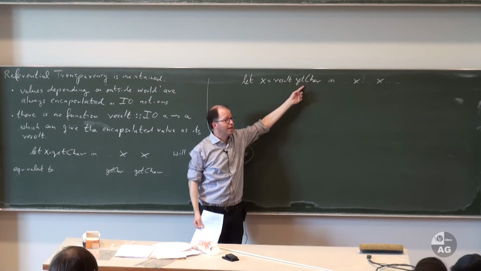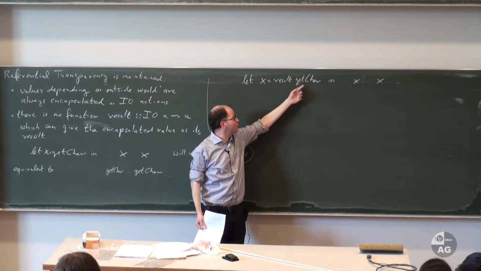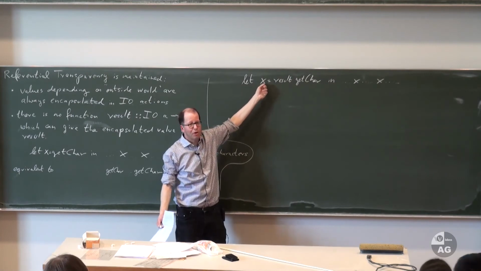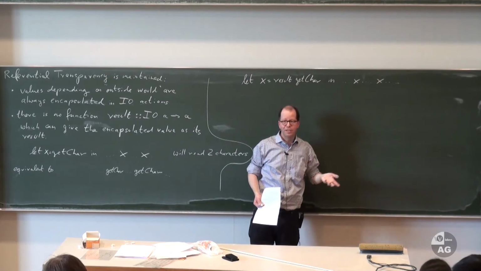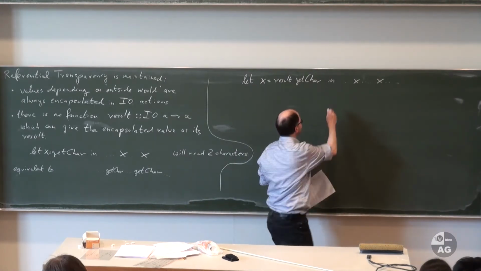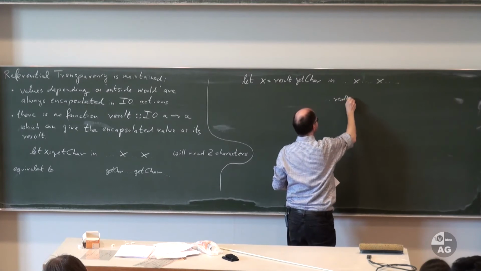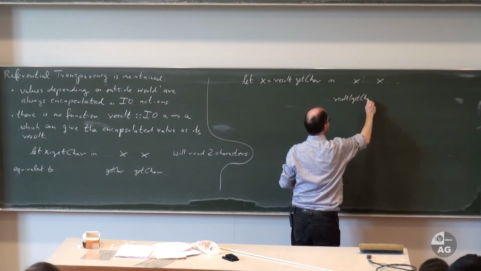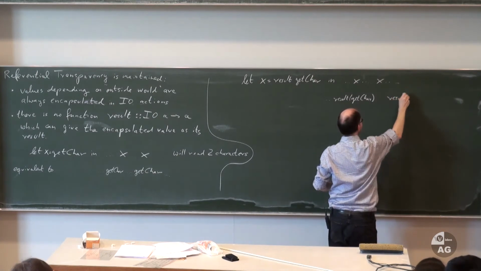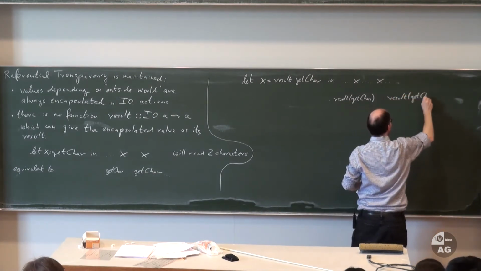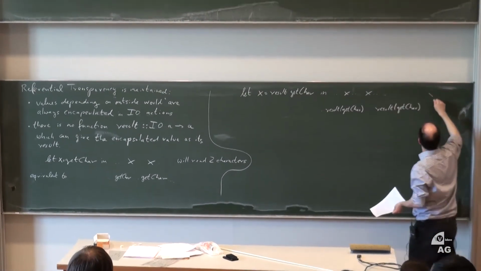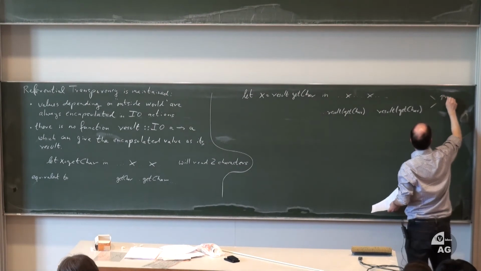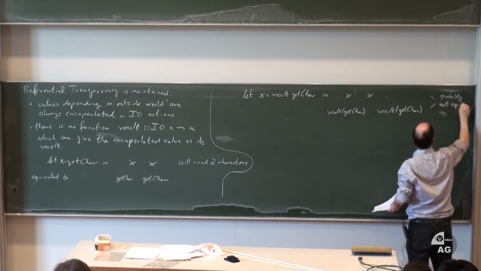So I would really just read the character once, get a result, and this character should always be the same. I mean, this x is a character, so if it occurs several times, it should be the same character. Whereas if I write result get character twice, it might be something different, because every time that I evaluate result get character, it would give me a different character. So they would probably not be equivalent.